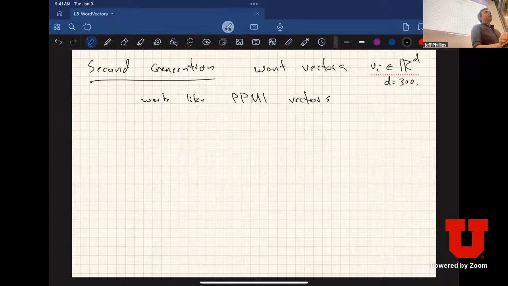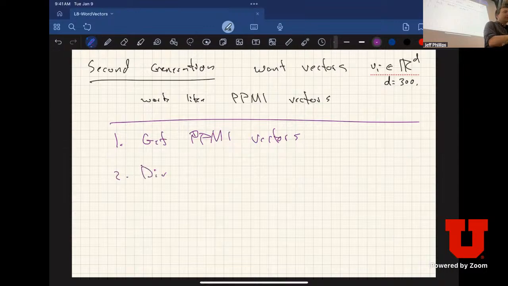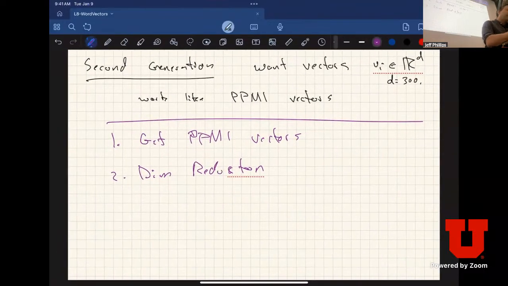One approach my research group tried around this time, which didn't work so well, was to first get the PPMI vectors and then do dimensionality reduction, which is a family of techniques we'll talk about later in the semester.